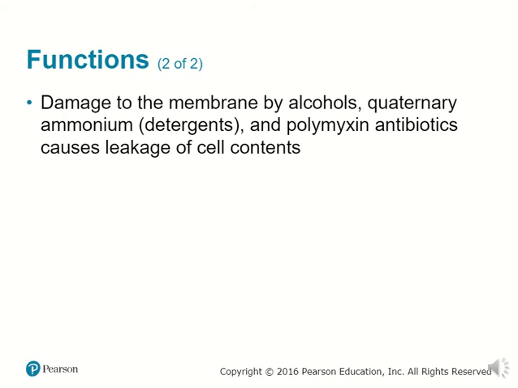Damage to the membrane by alcohols or quaternary ammonium detergents, as well as polymyxin antibiotics, will cause openings in the cell membrane that will allow leakage of the internal cell contents.